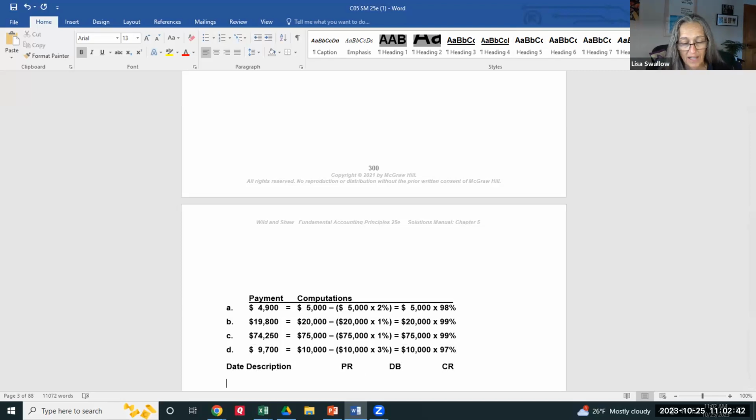And let's go back to that first one, that 5,000 bucks. And let's put in what my journal entry was if I bought that inventory on April 6th. What did I do when I got the inventory? So turn off the tape, put the journal entry down.